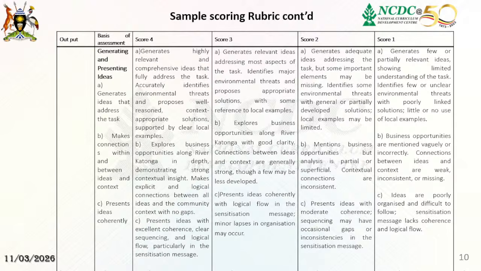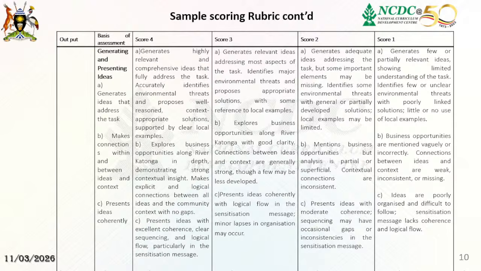A learner who will generate highly relevant and comprehensive ideas that fully address the task accurately, where environmental threats and processes are well reasoned, that learner will be scored a 4. A learner who will generate relevant ideas addressing most aspects of the task, identifying major environmental threats and appropriate solutions with some reference to examples, that learner will be scored a 3.